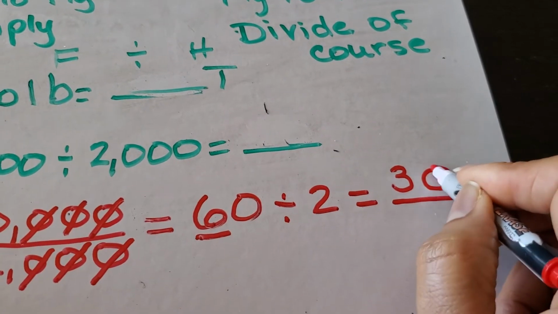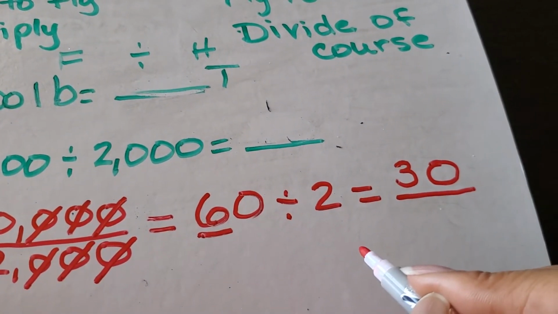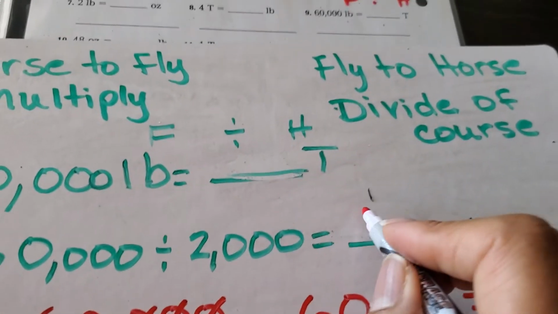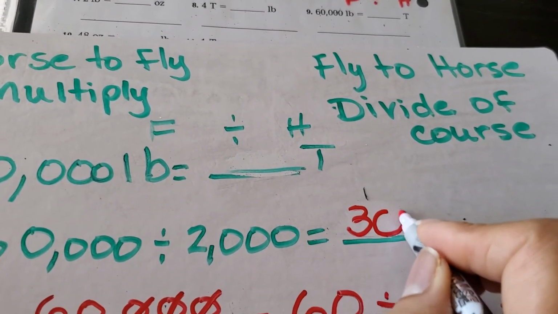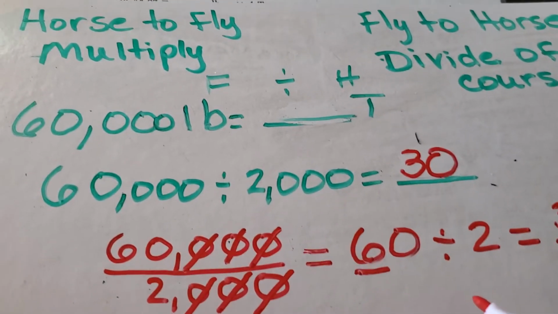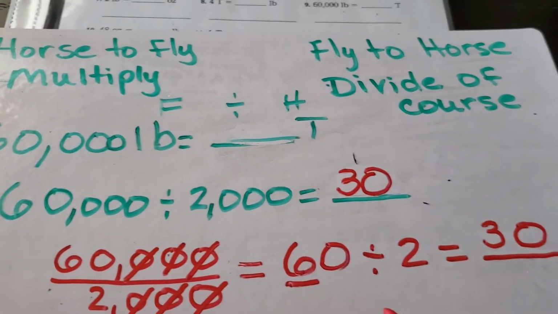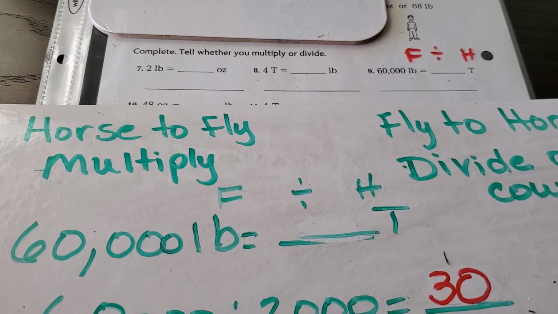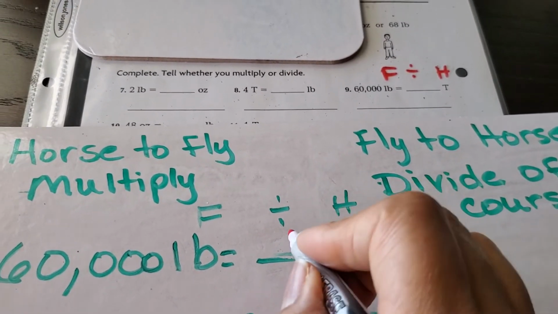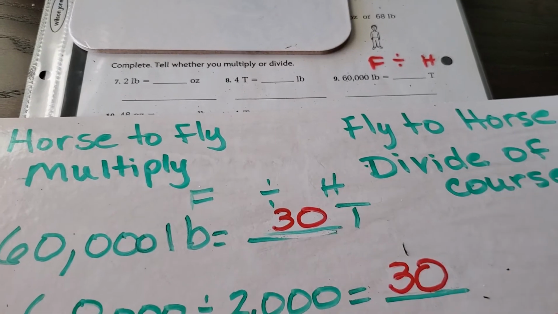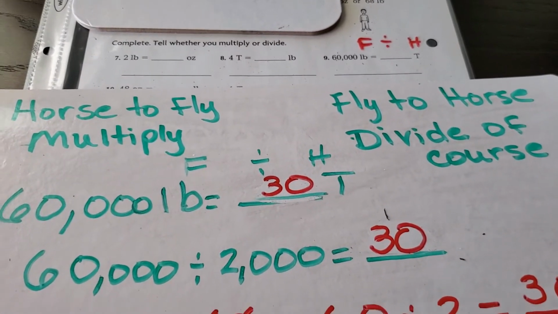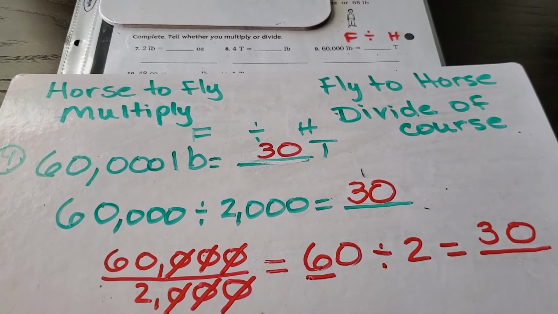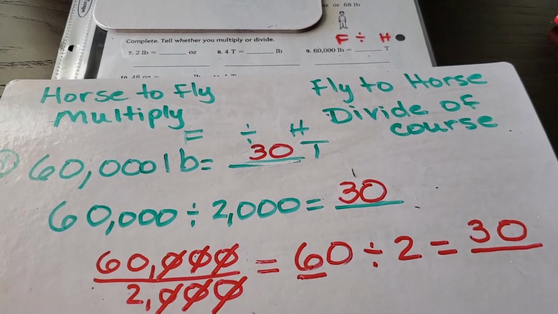Add a 0. So my answer is 30. So 60 divided by 2 is equal to 30. So 60,000 divided by 2,000 is equal to 30. Now, 60,000 pounds equals, you guessed it, 30 tons. Okay, so that is problem number 9. I'm going to hold it out there for one moment so you can look at it.